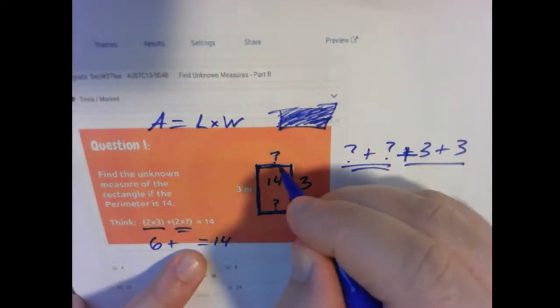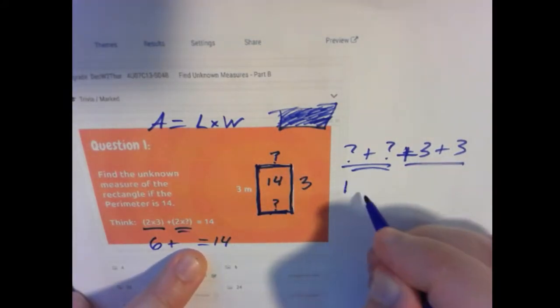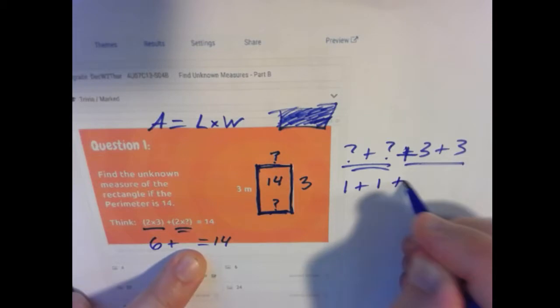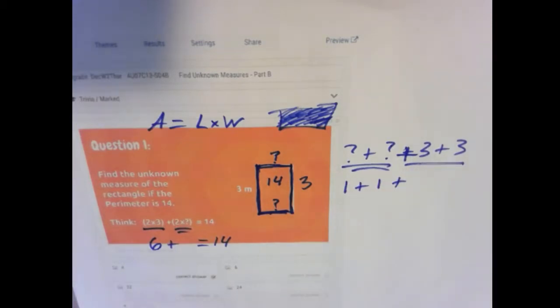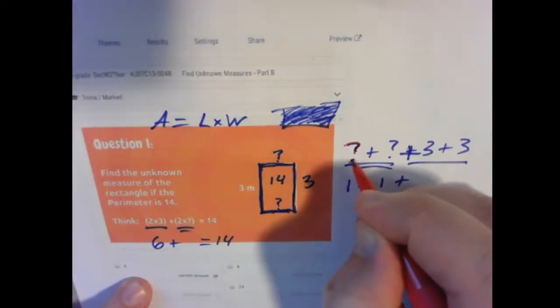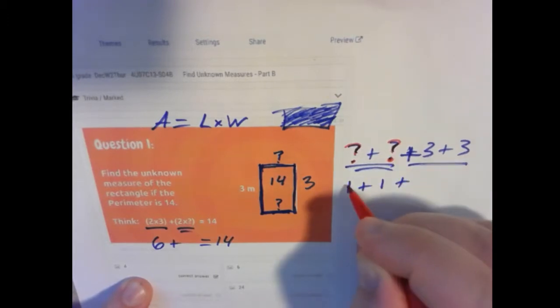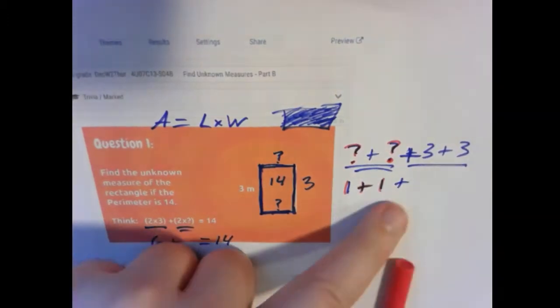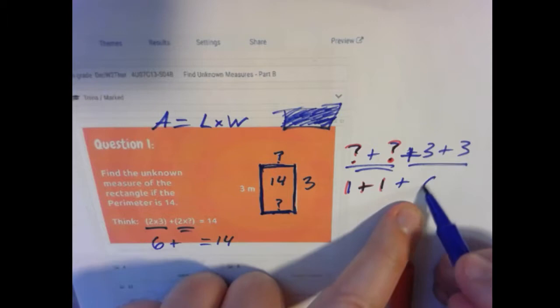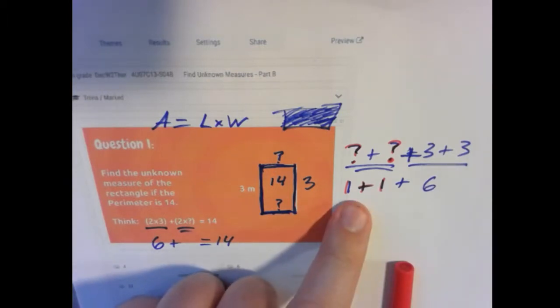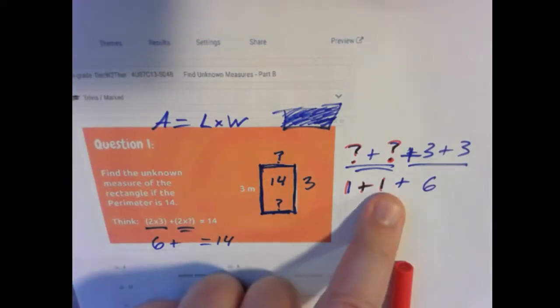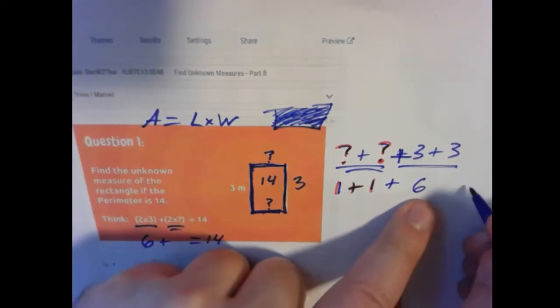What if each side was 1? What if it was 1 plus 1 plus, we'll even do that in red, the unknown. And then we know 3 plus 3 is 6, so that's going to stay consistent. So that's 1 and 1, that's 2 plus 6 makes 8.